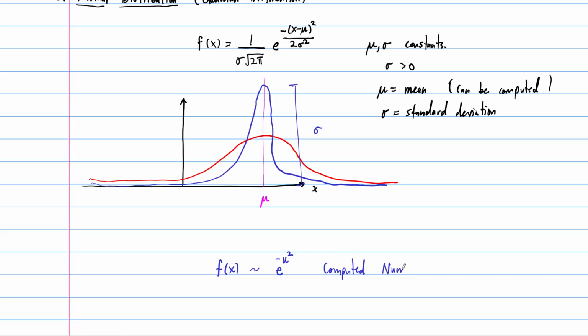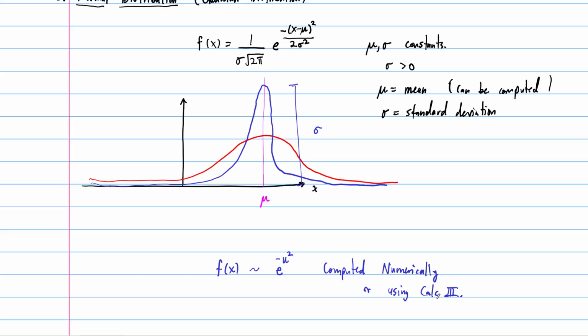So we compute these numerically, or in Calc 3 you'll learn how to compute this. At least the integral, to show that this one is equal to 1, you'll be able to show that in Calc 3 by other methods. So in Calc 3, not too far down the road, we'll learn how to compute that.